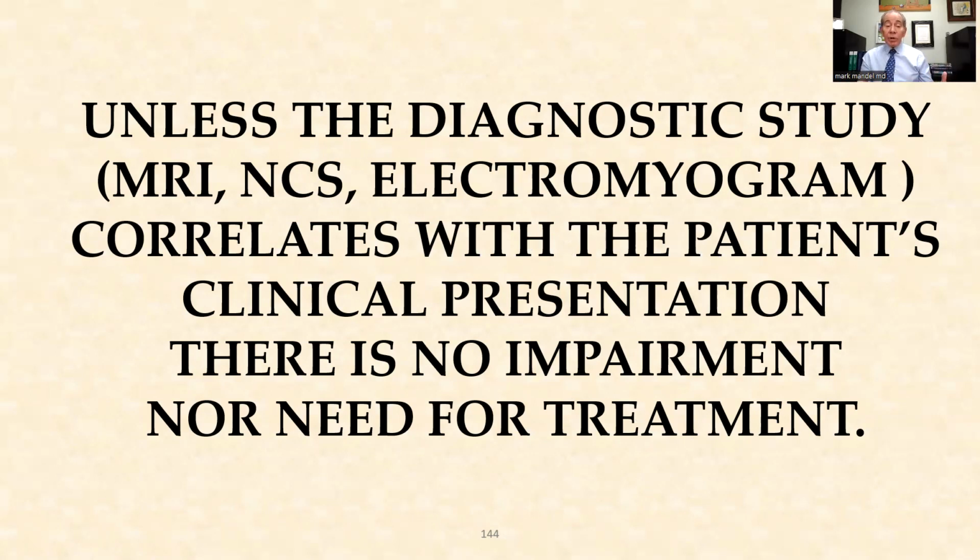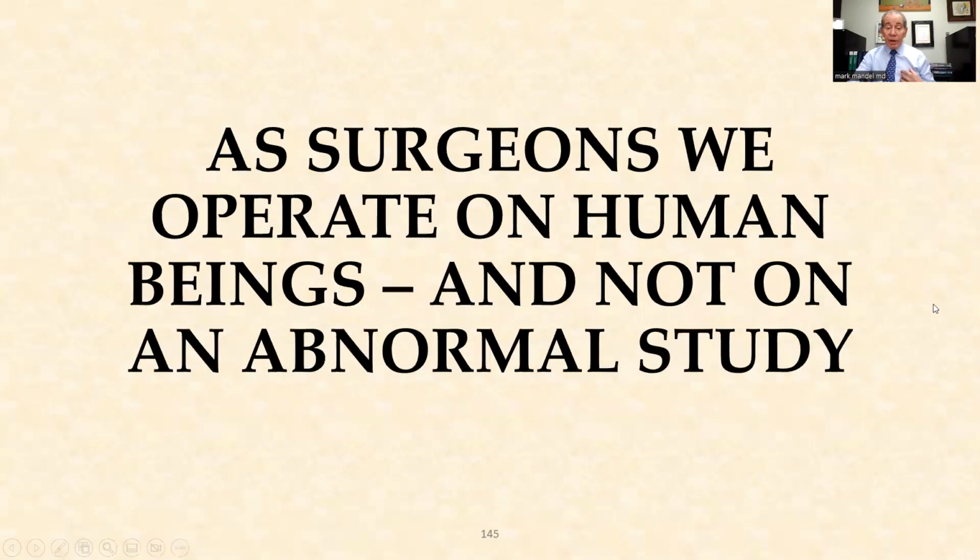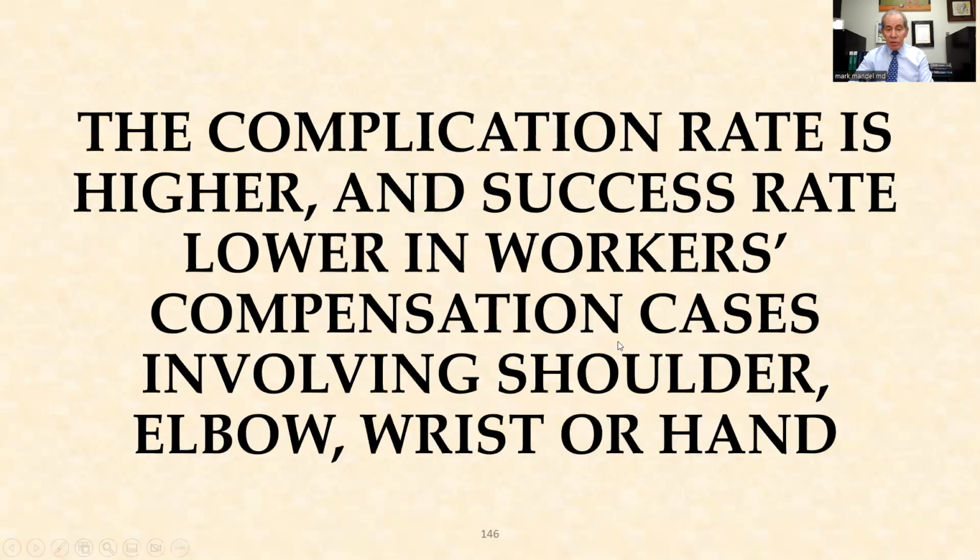People have undergone carpal tunnel surgery with no history of tingling and night pain, but the nerve study is abnormal. So if there is no impairment, you're not going to improve the patient. Unless the clinical study correlates with the patient's presentation, there's no need for treatment. And as surgeons, we operate upon human beings, not an abnormal study.